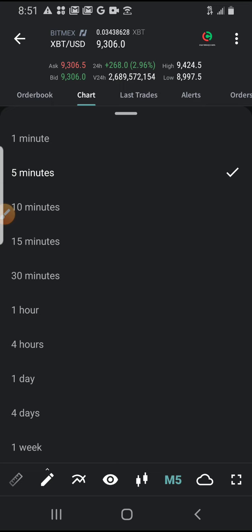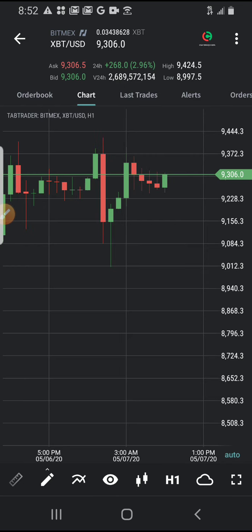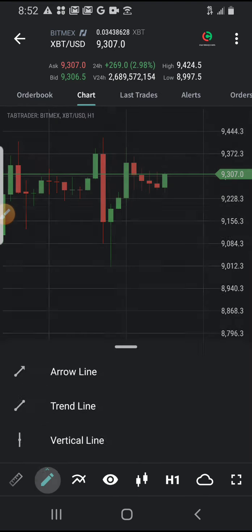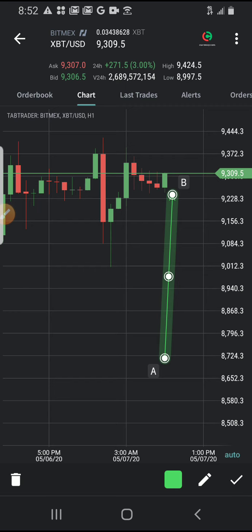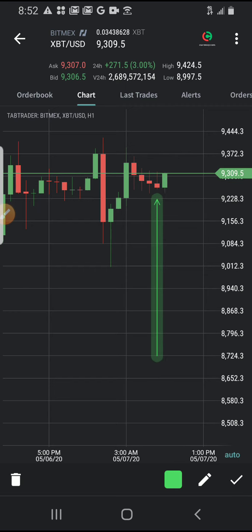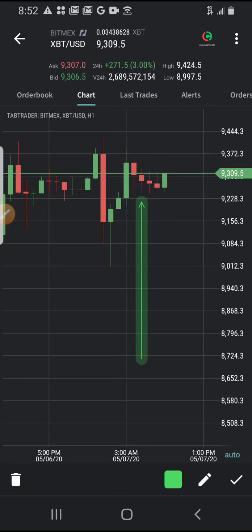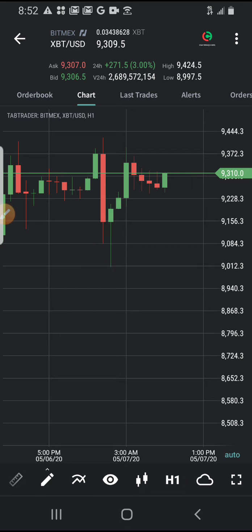What this simply means is that if you are on 1 hour, for example, it's telling you that each of the candlesticks you are seeing here represents 1 hour. For example, this candlestick is 1 hour, this is 1 hour, this is 1 hour. Each of the candlesticks here are 1 hour. They opened and closed within 1 hour.